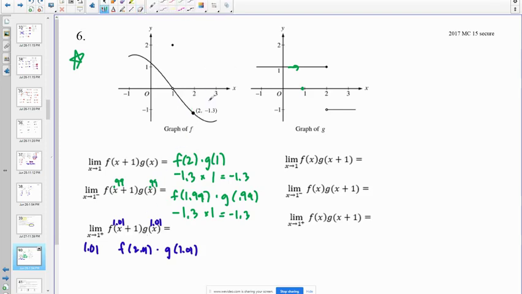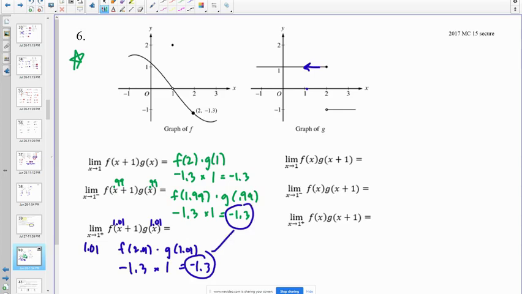So f of 2.01 coming from the right here, it's approaching -1.3. And g of 1.01 is here. So I'm approaching 1 from the right. My value here is 1, so I get -1.3. So this is correct.